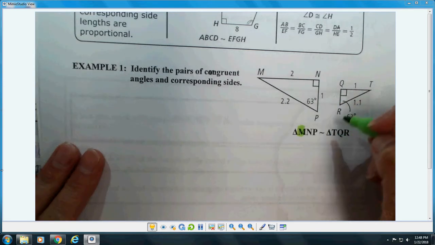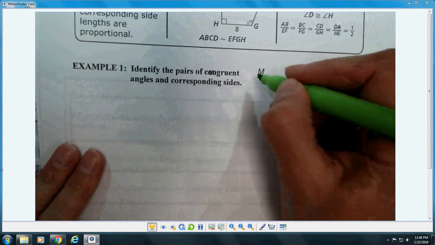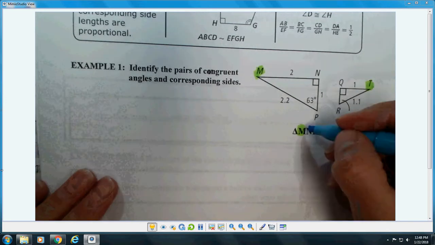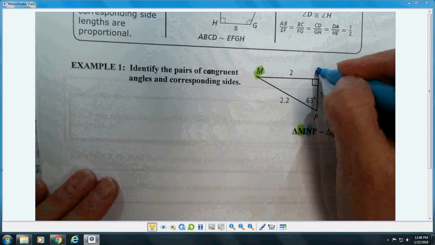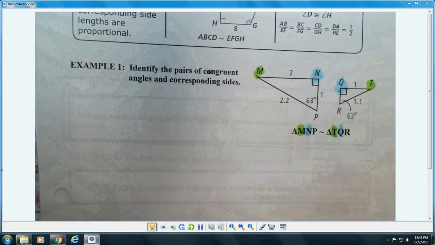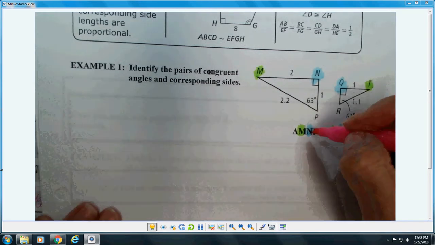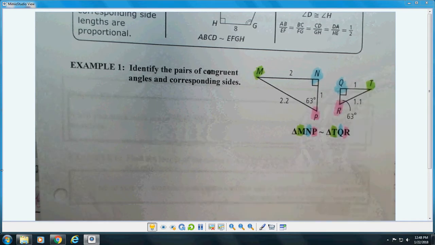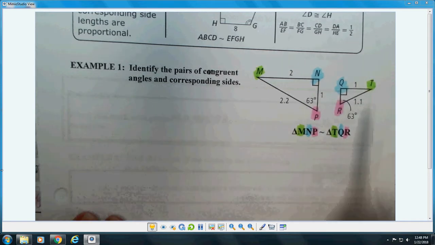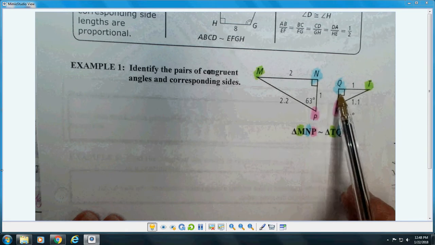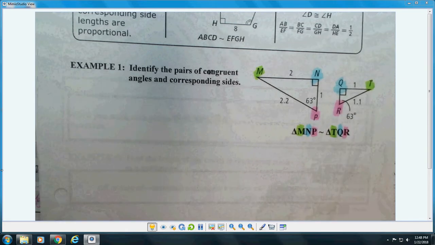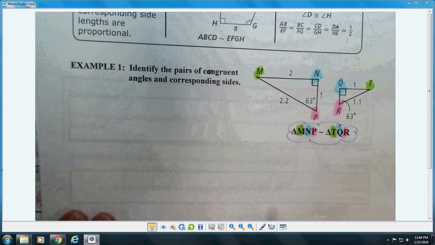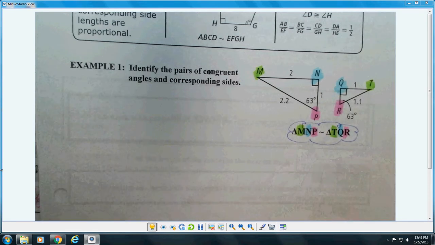I know that M has to correspond to T, so M and T. I also know that N is going to correspond to Q, and P is going to correspond to R. Now, this one, it's not necessarily that important because I have a nice right angle. I also have this angle marked. That's not always the case. They don't always give you that much, but they generally will give you this otherwise, and it's important to know how to use that. Okay?